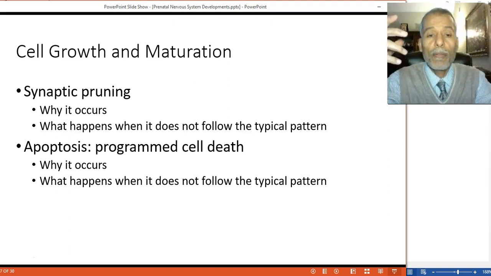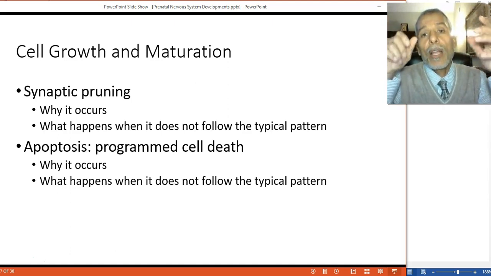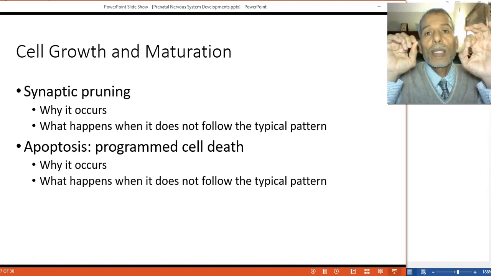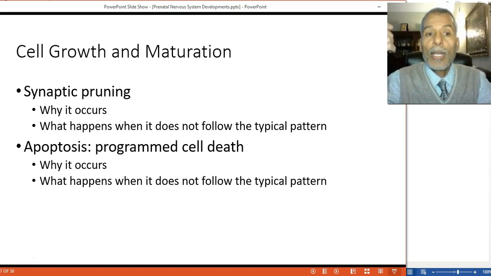So the neuron itself, even though it is there, is very small. It cannot do as much as an adult neuron does.